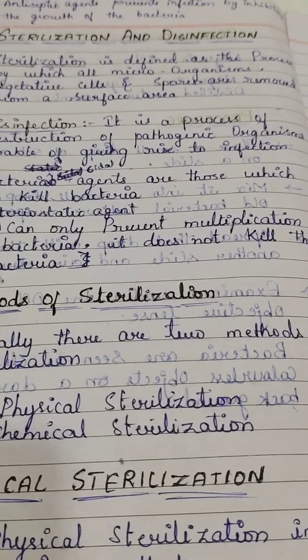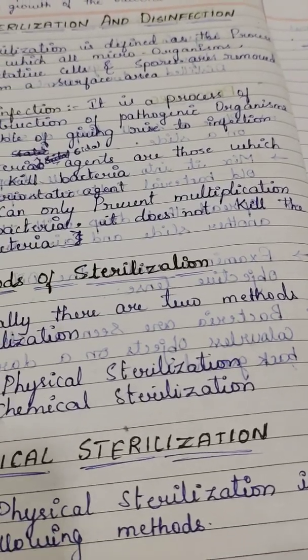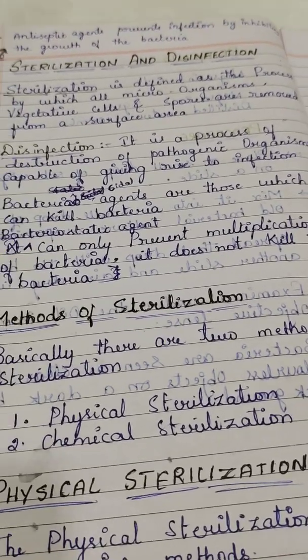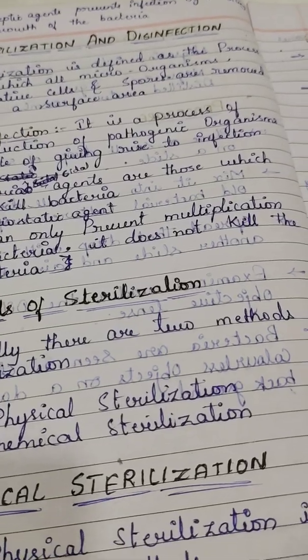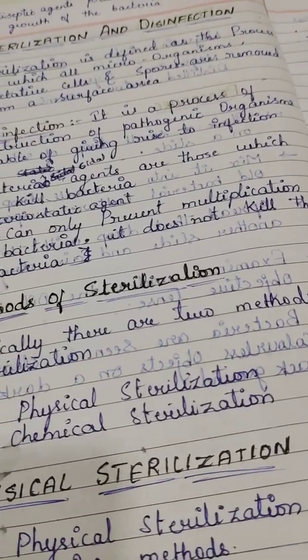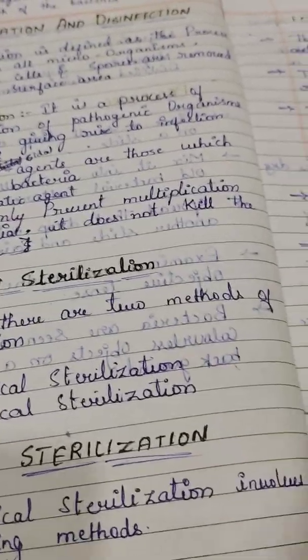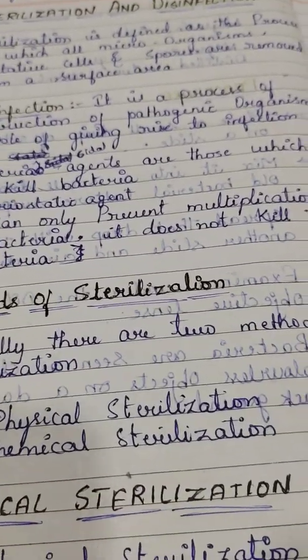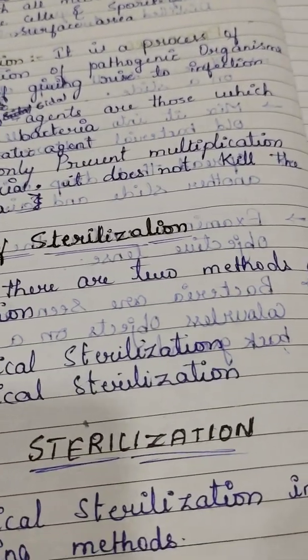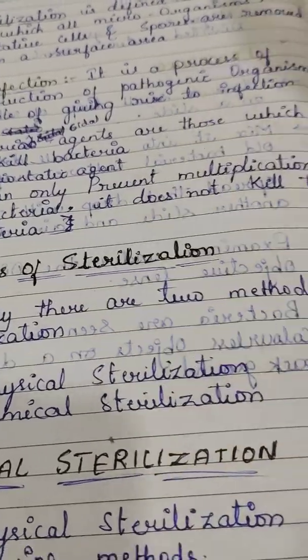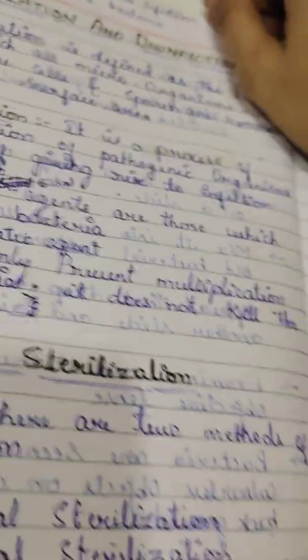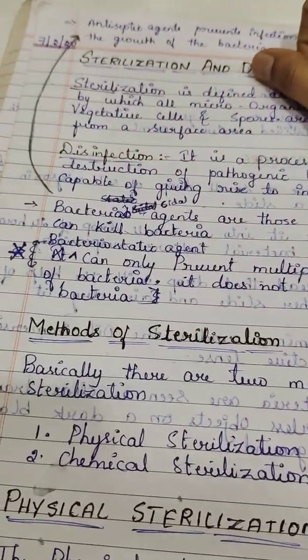And physical sterilization sterilizes the object physically. Now we'll go through them one by one. First we move to the first one, that is physical sterilization.